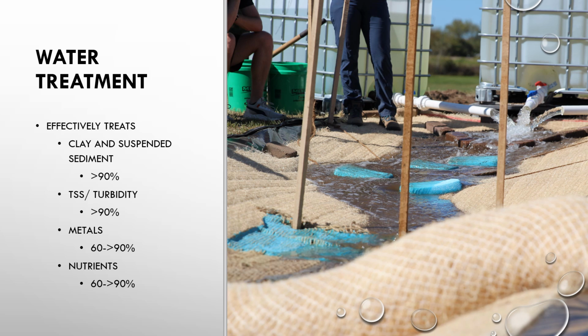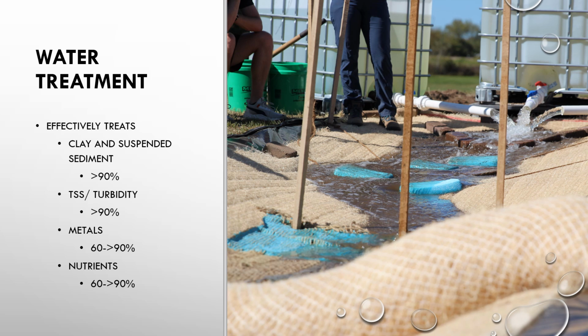And that's not just for sediment, which is what we've been focusing on for the last 2 hours in this series. What we're going to be talking about today are some other particulates and contaminants that we're able to target. When we're after clays and suspended sediments, we're often looking at 90 to 95+% removal.